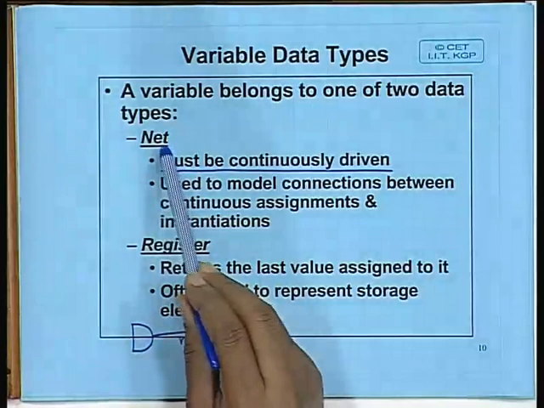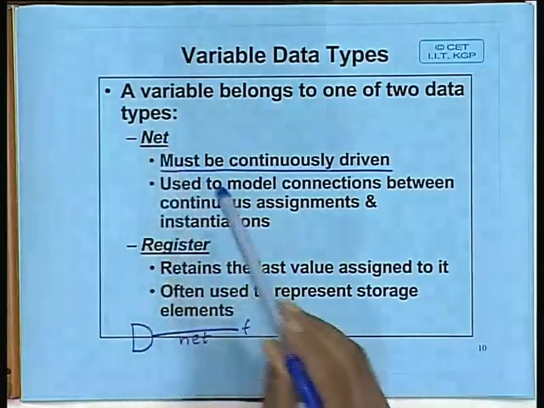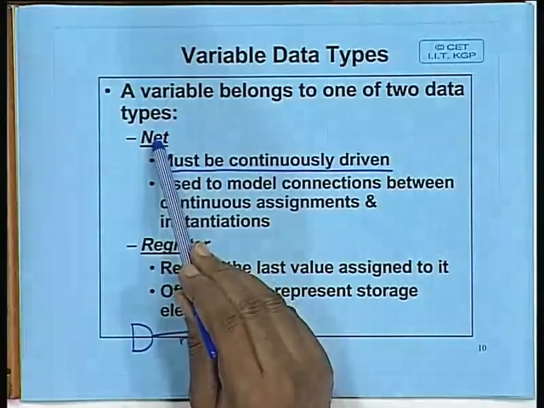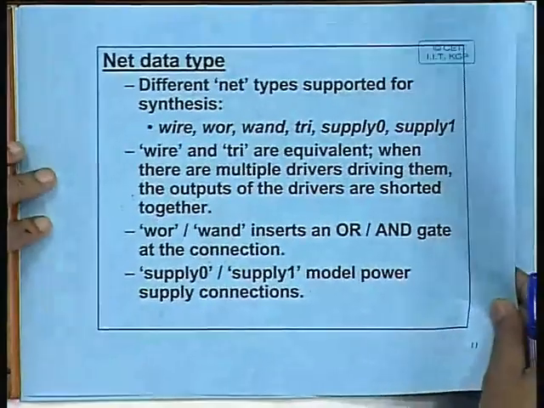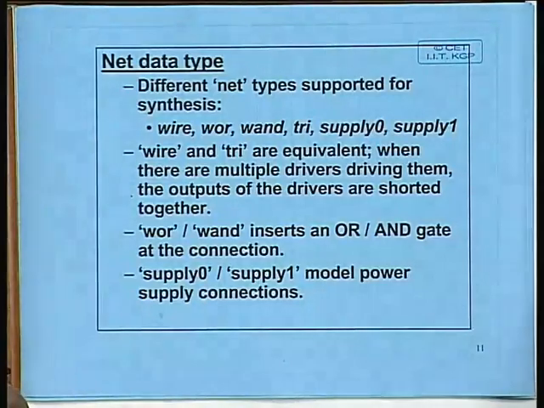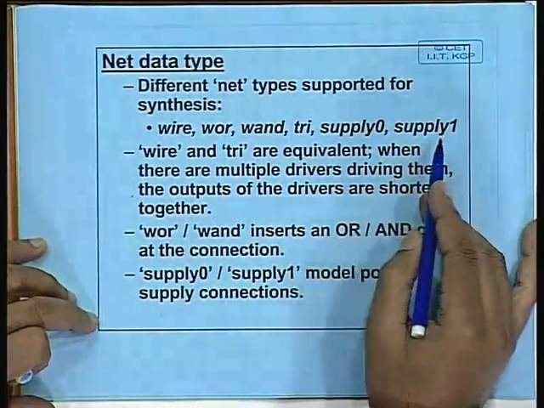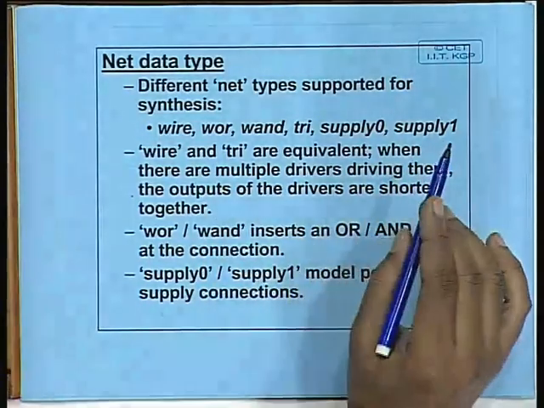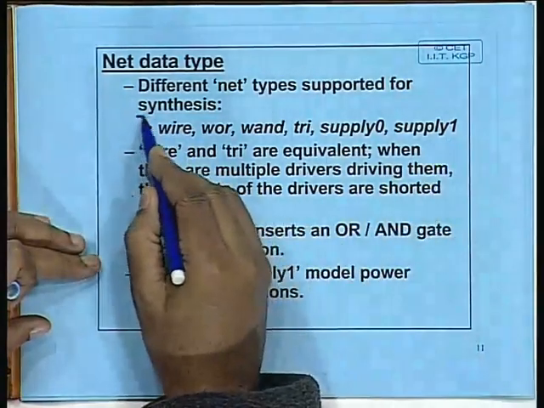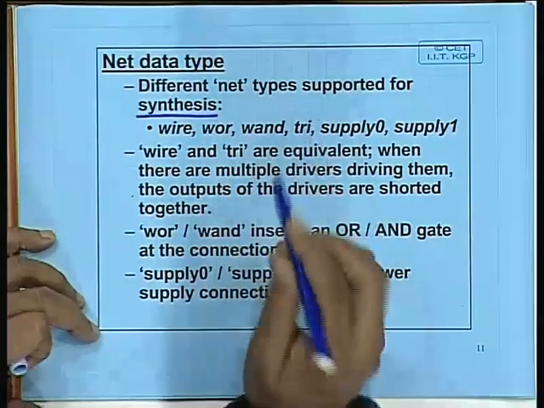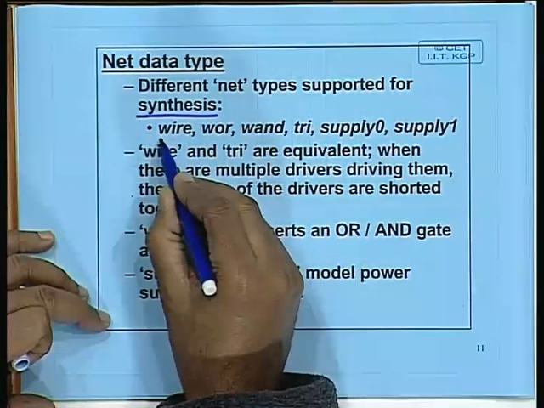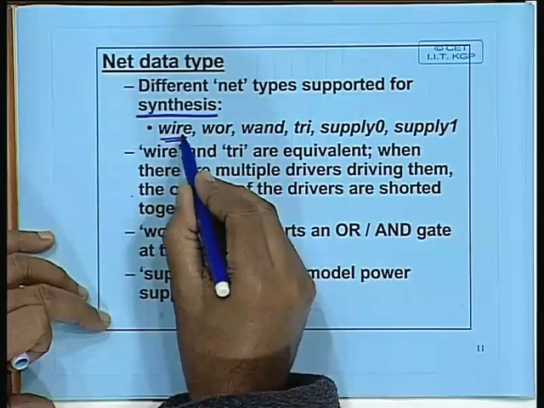So first let us look at the net data types in some detail. What are the different kinds of net data types available? There are a few other net data types, but we are not going into that. We are only concentrating on those which are synthesizable. There are net data types called wire, which we have already used in our examples.